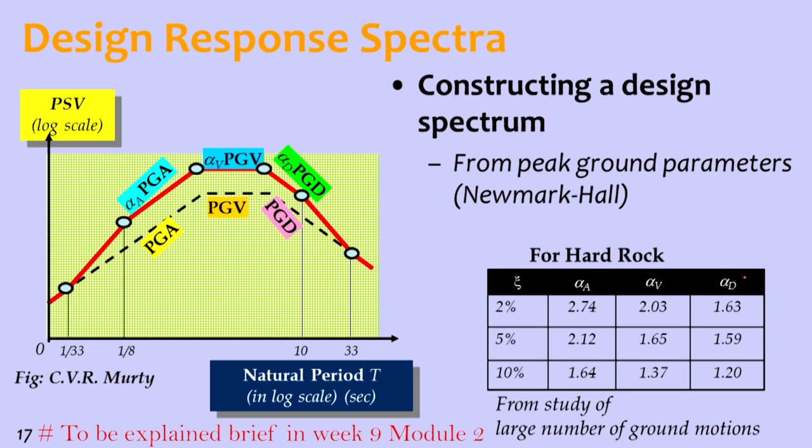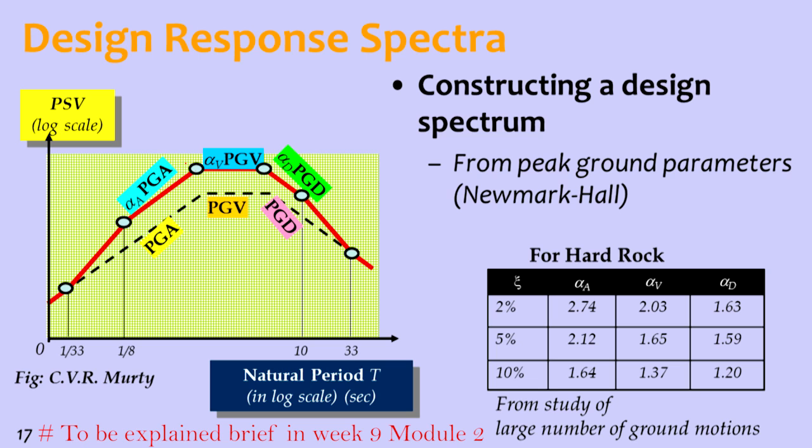For velocity and displacement, these coefficients are used, and then these limits are set. Here natural period is on the x-axis and PSV, the pseudospectral velocity, is on the y-axis. The control points are given at 1/33 seconds, 1/8 seconds, 10 seconds and 33 seconds, and the middle point is achieved by a trial and error method.